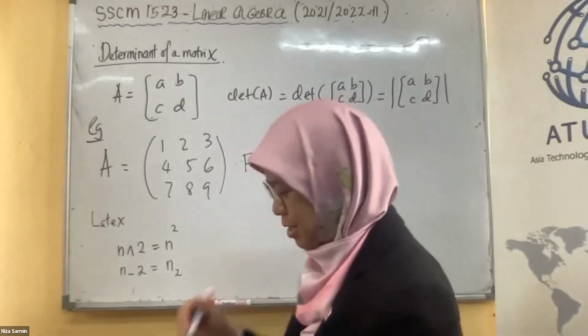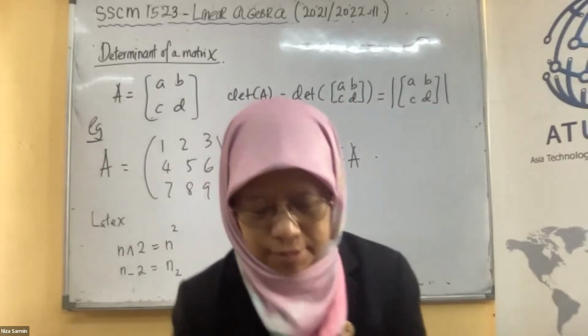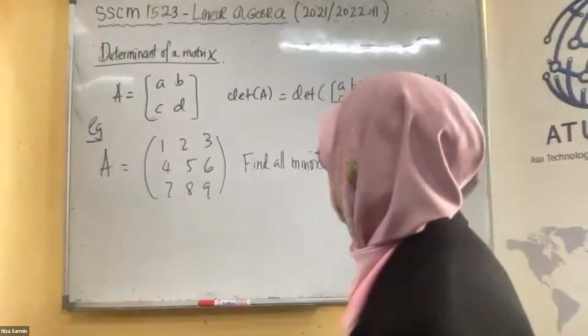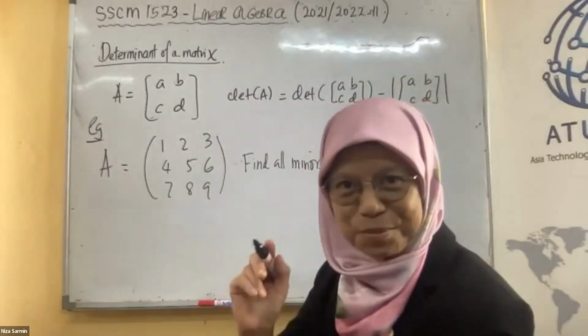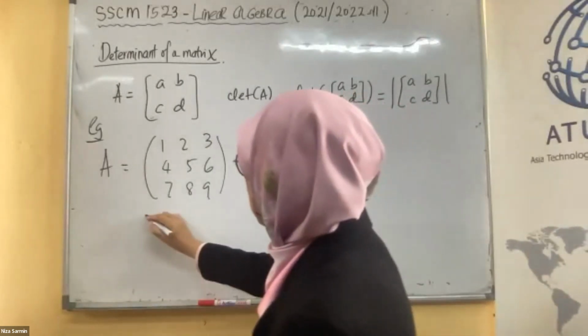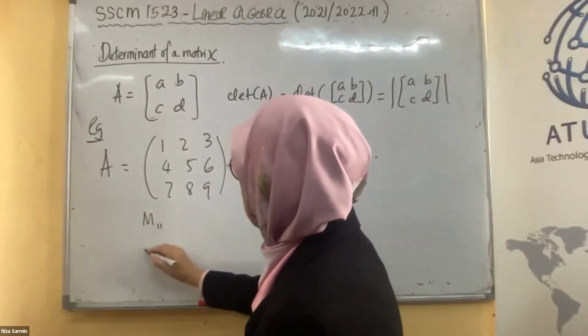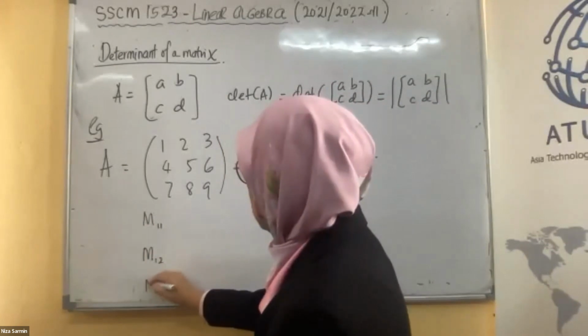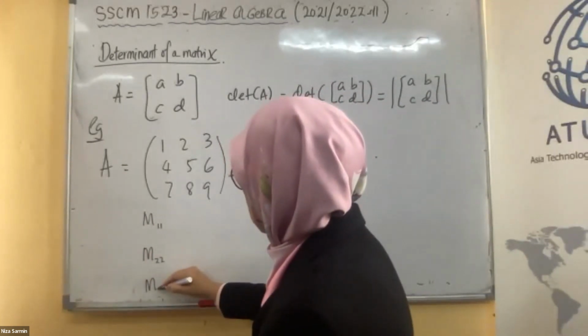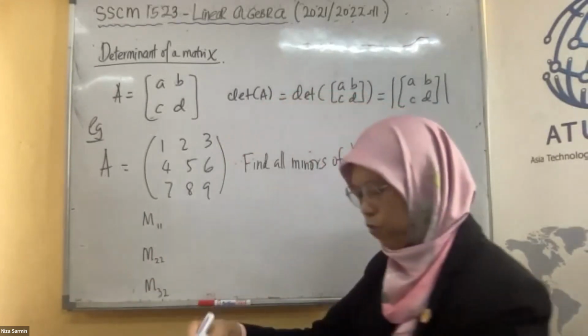Okay, anyhow, I'm going off on a tangent. All right, so you have 9 minors. If n by n, you have n squared minors. So you will write M11, M12, wait, let me just follow the row.